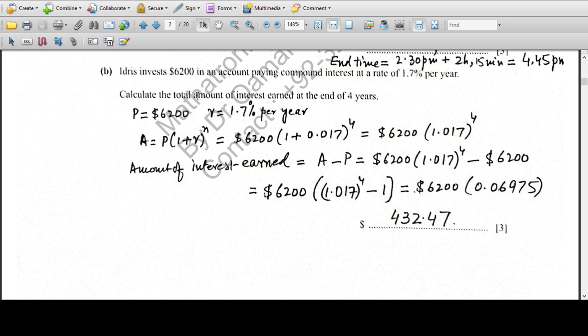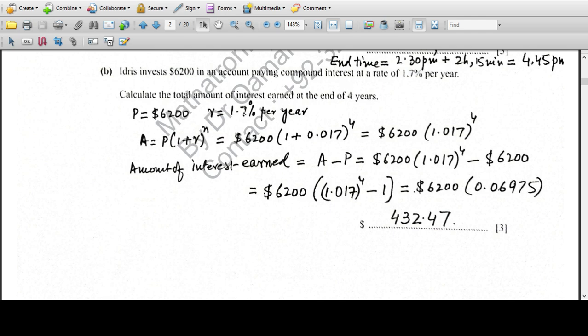We have to find the total amount of interest earned at the end of 4 years. So the amount, where this is the principal invested, this is the rate of interest per year, and n is the number of years. Here we have 4 years, so n is 4.